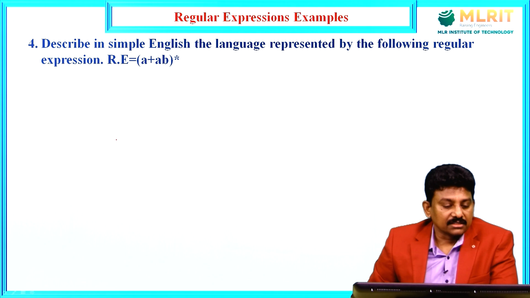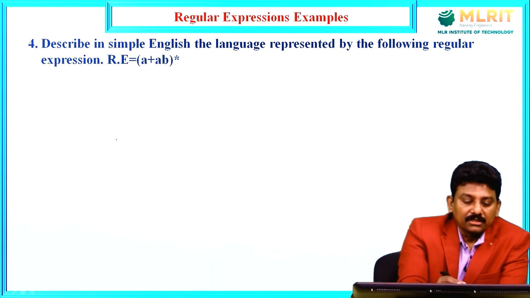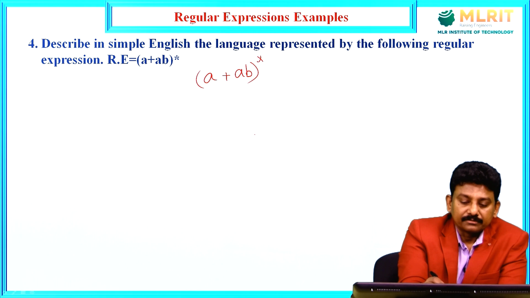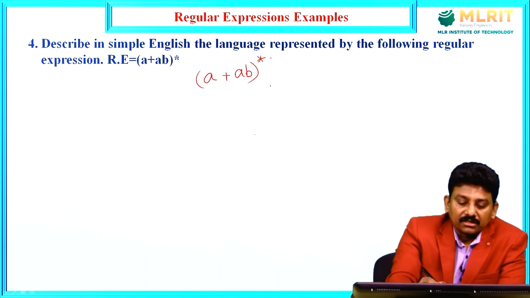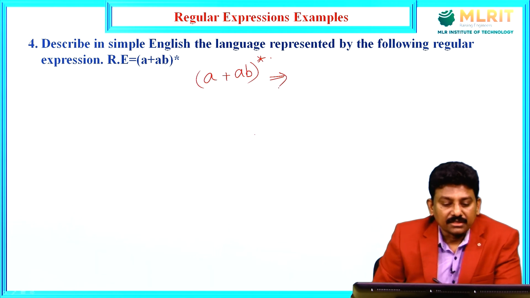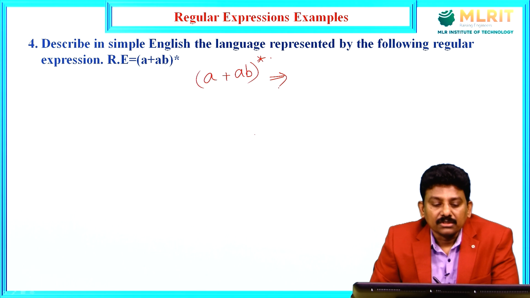Next, describe in simple English the language represented by the following regular expression: A plus AB whole star. Here A plus AB whole star means this regular expression will generate strings starting with A and do not contain two consecutive B's.